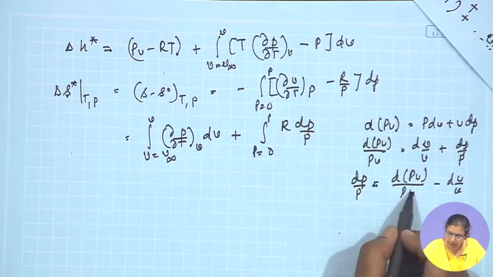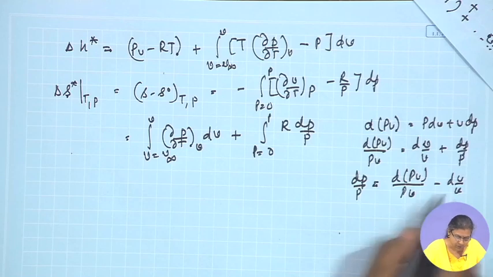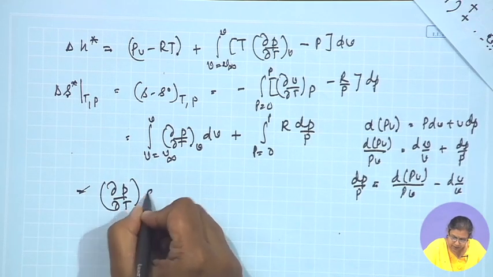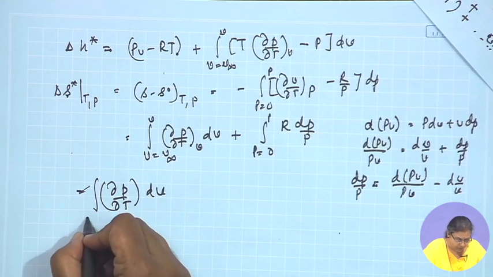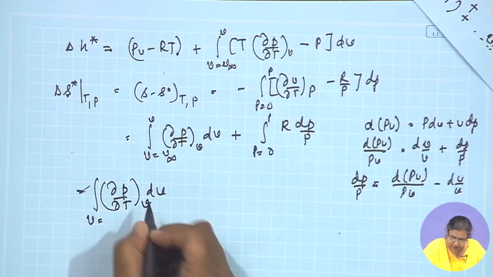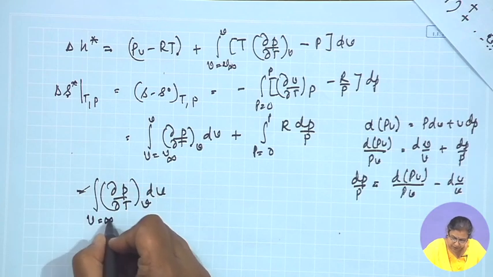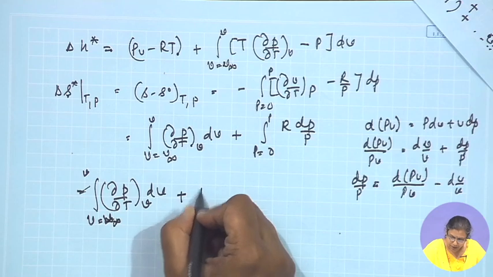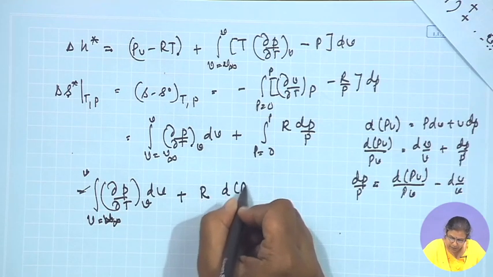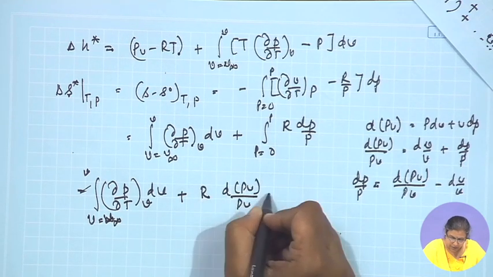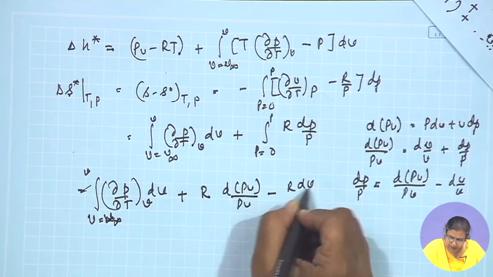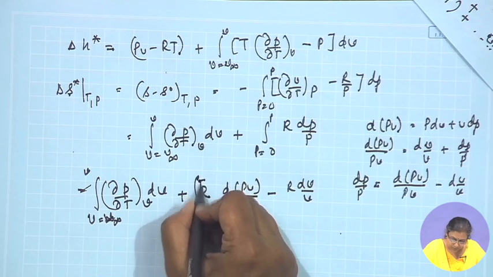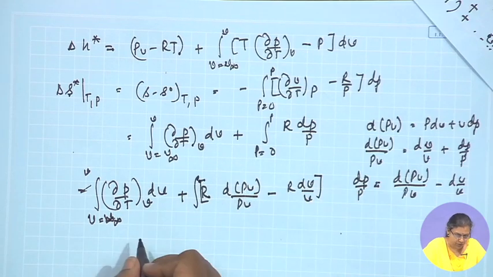Instead of dP/P, we can substitute this way, and therefore this becomes the integral from V infinity to V of (del P/del T) at constant V dV, plus R d(PV)/PV minus R dV/V, the integral of this whole thing.